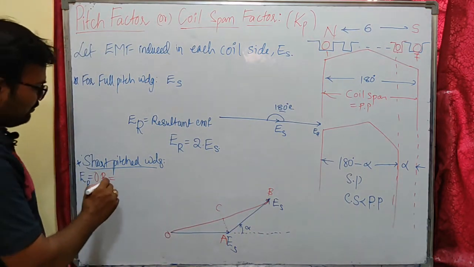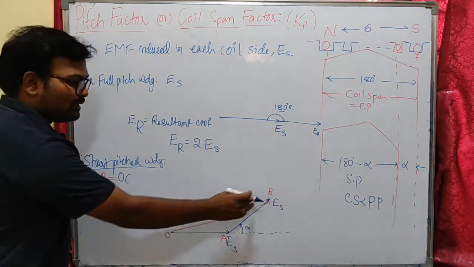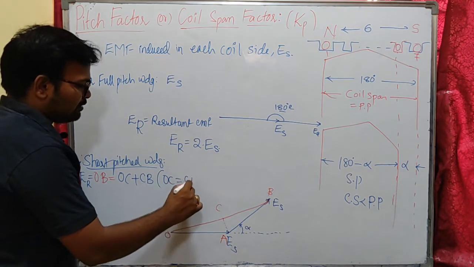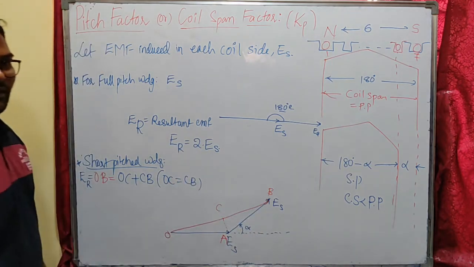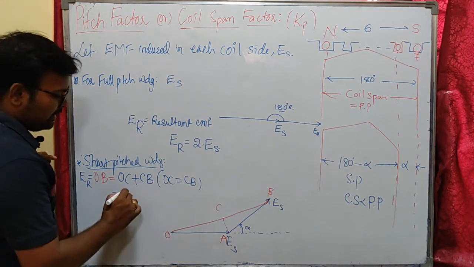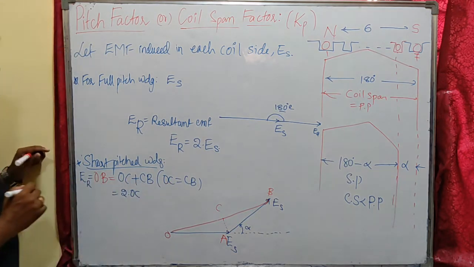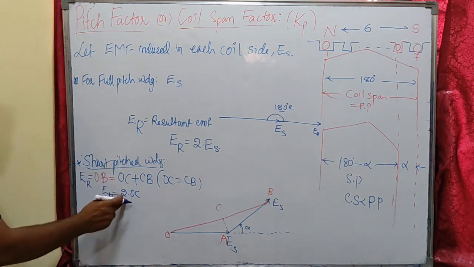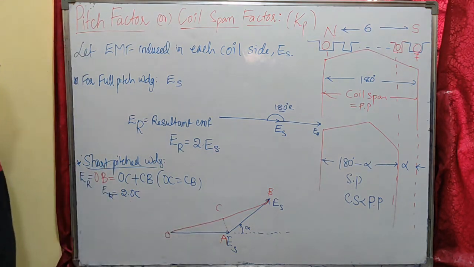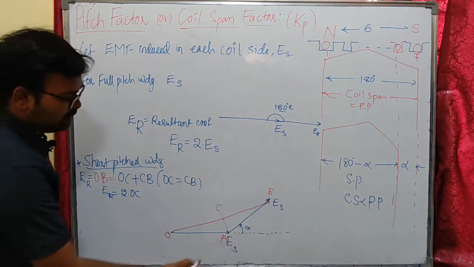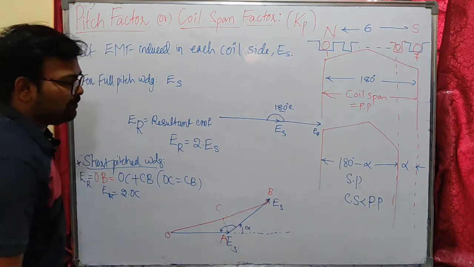OB will be equal to OC plus CB, and OC is equal to CB. These are equal vectors, so because CB is also equal to OC, I can write it as 2 times OC. That means the resultant EMF ER in short pitch winding is nothing but 2 times this vector. So let us see the angle here. Here this is alpha, so this total angle will become 180 minus alpha.